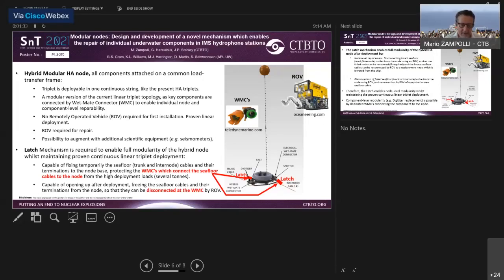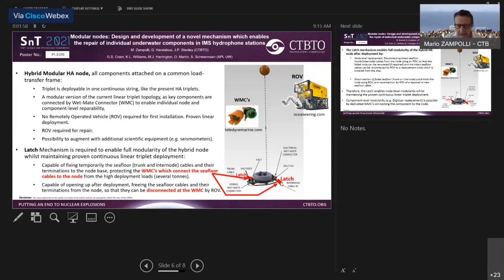But one critical thing is that we want to preserve the efficient deployment in one go of the present system. For this, we have developed in the last year with some contractors a mechanism at these 2 points, labeled latch here, where the trunk cable or the internode cable connects to the node.